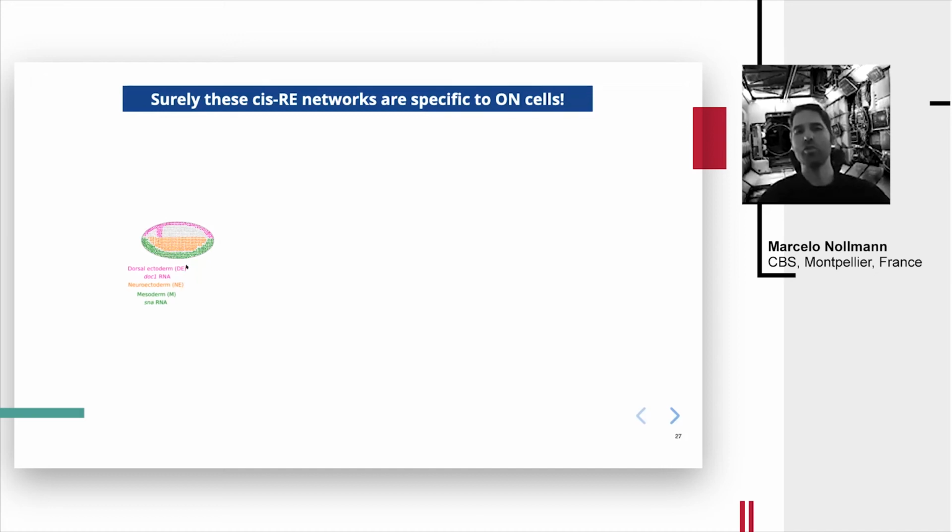This nucleus cycle, it is what is called dorsal ectoderm, so it's the presumptive dorsal ectoderm of the embryo. There are 2 other tissues, the neuroectoderm, here shown in orange, and the mesoderm, shown in green, where not only are the DOC genes not expressed, but their expression is actually repressed, because if they are expressed in these other tissues, this will lead to developmental defects.